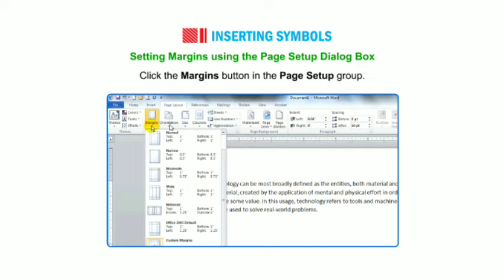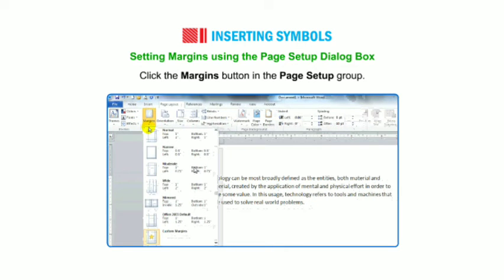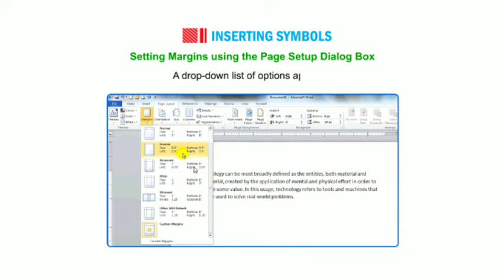Next, this kind of interface will appear. Now a drop down list of options appears. Here we have different kinds of options available. The normal option is selected by default.